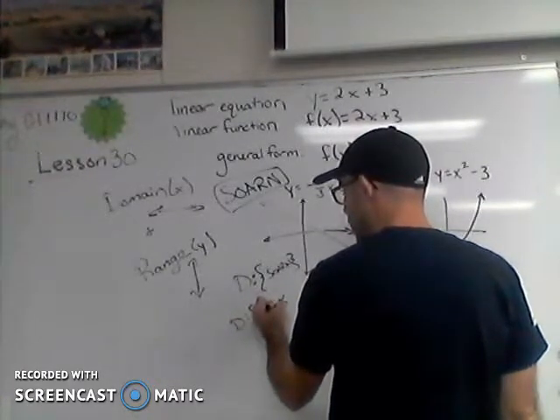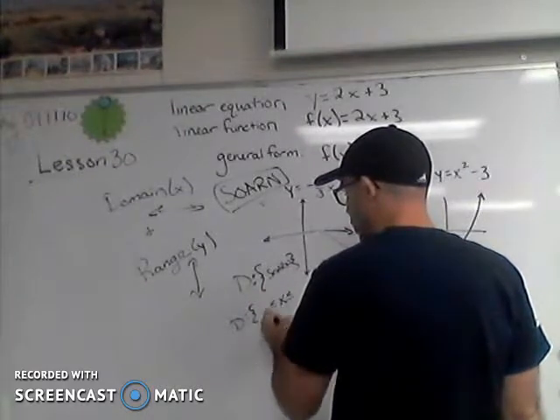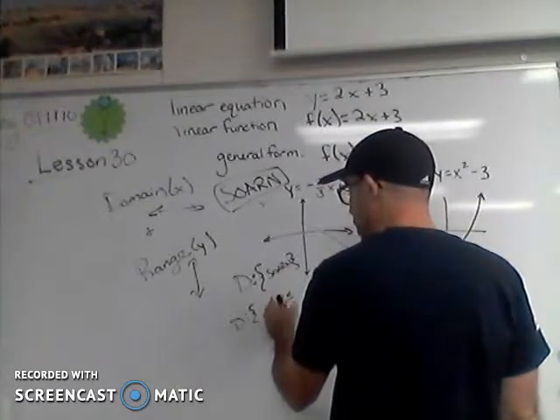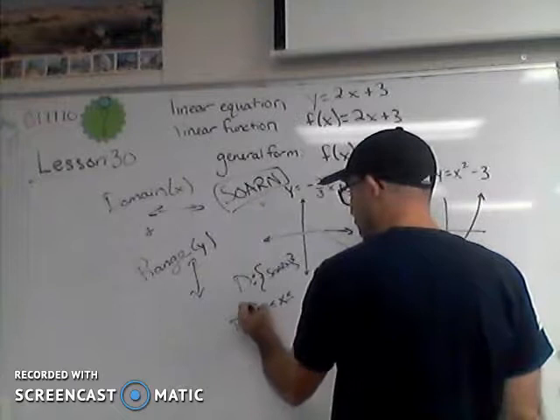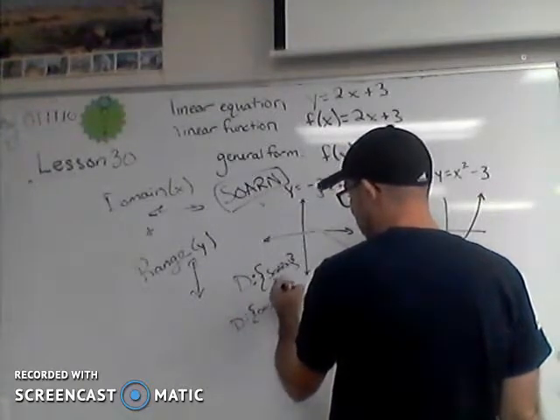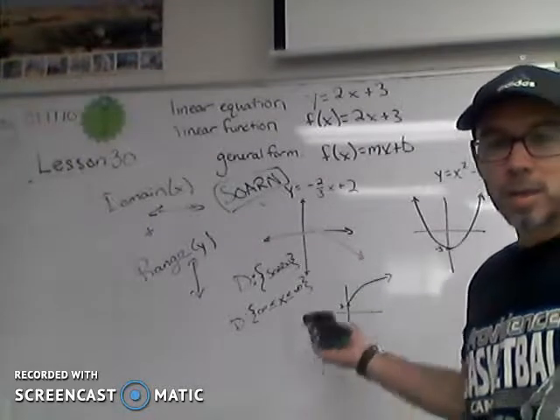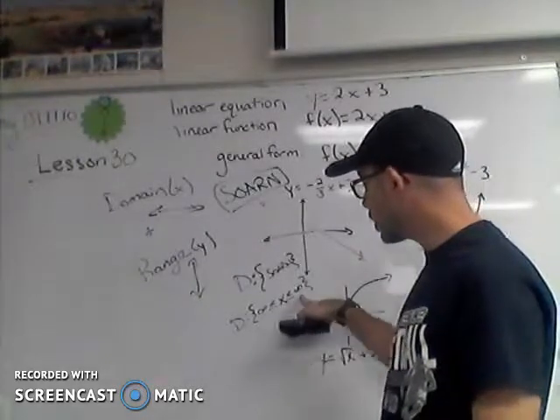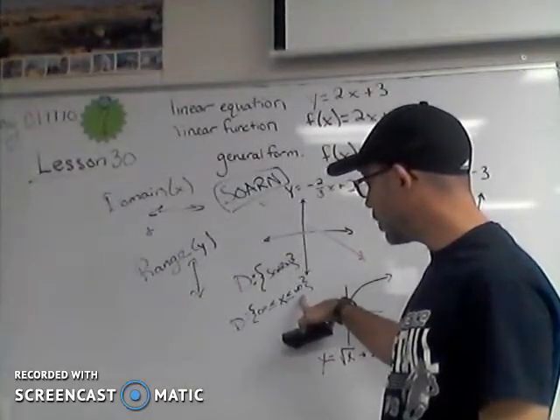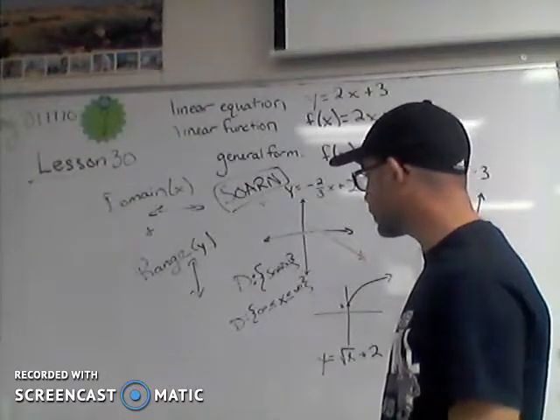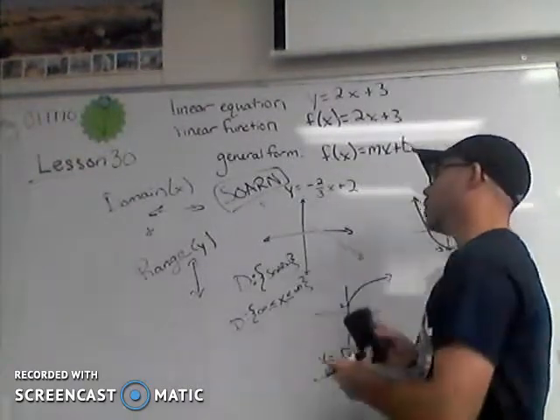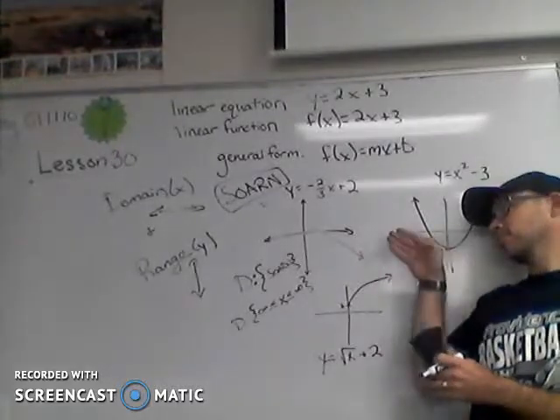You can say it's anything greater than or equal to negative infinity, anything less than or equal to infinity. You could say everything. But set of all real numbers is a lot easier to write than doing it in set notation.